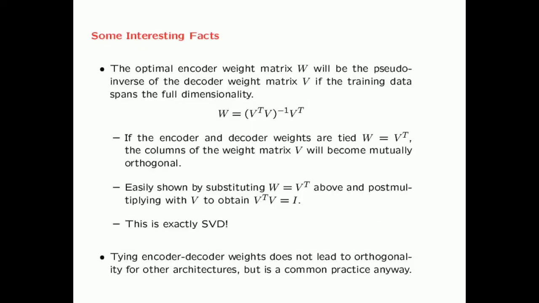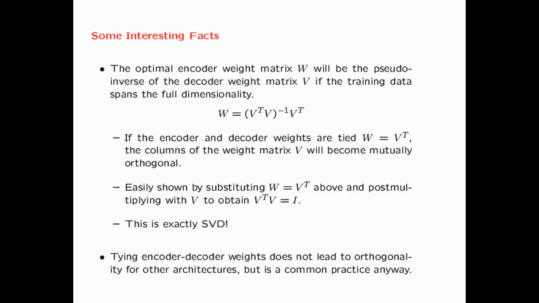One thing you can show is that for any particular fixed value of V that you find, the optimal encoder weight is given by the pseudo inverse of this matrix V. And in the book, I have an exercise to this effect, which gives you the steps in order to show this result. That's exercise 14 in chapter 2 of the book.